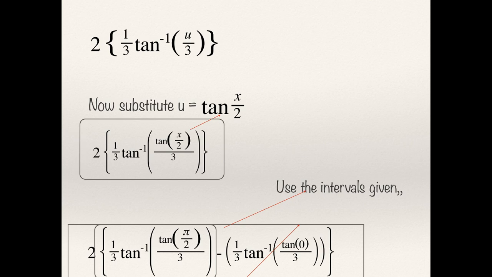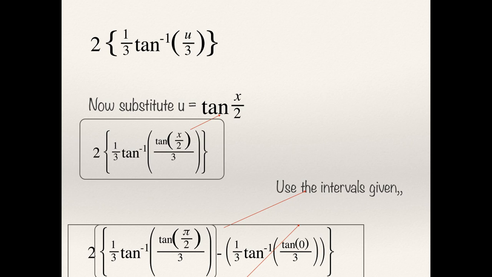In integration, you always subtract the lower limit from the upper limit. So after you do that, you'll get tan pi by 2, because you have to substitute x as pi and x as 0.